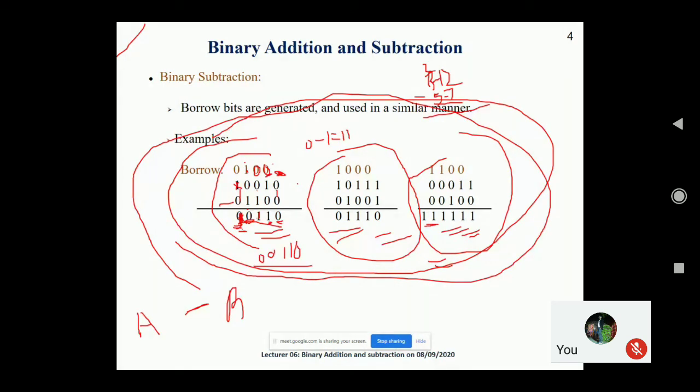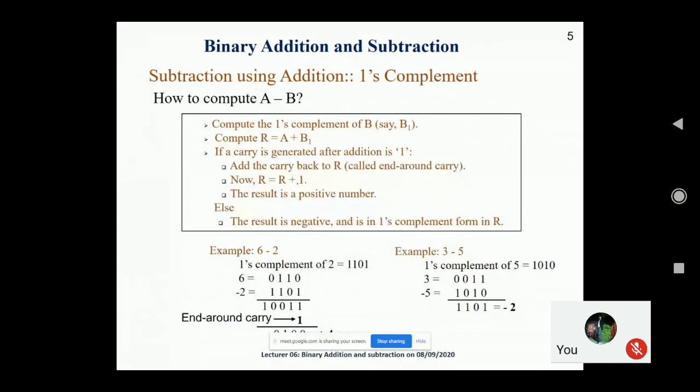Our main objective is subtraction, but we are not using any subtraction. We are applying the addition, and based on the addition, we are performing the subtraction. It is only possible when we are using the complement form. You can use ones complement and you can use twos complement also. It is no problem, but twos complement form is much simpler than ones complement form.